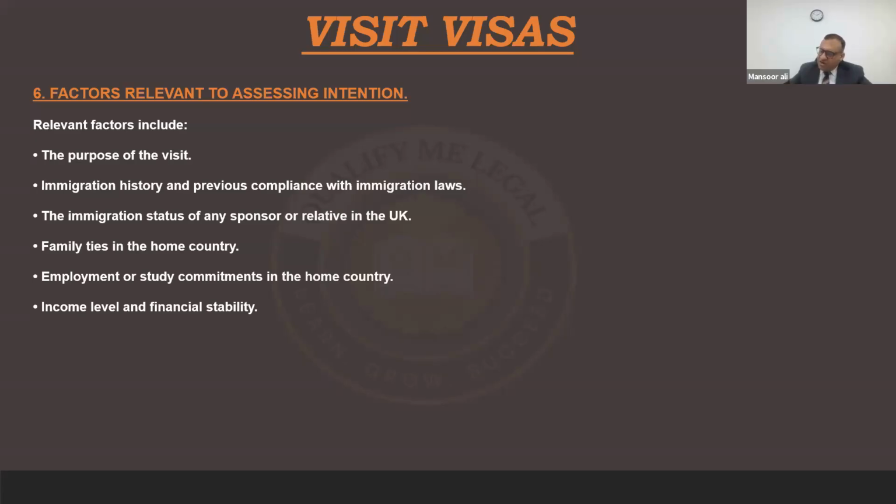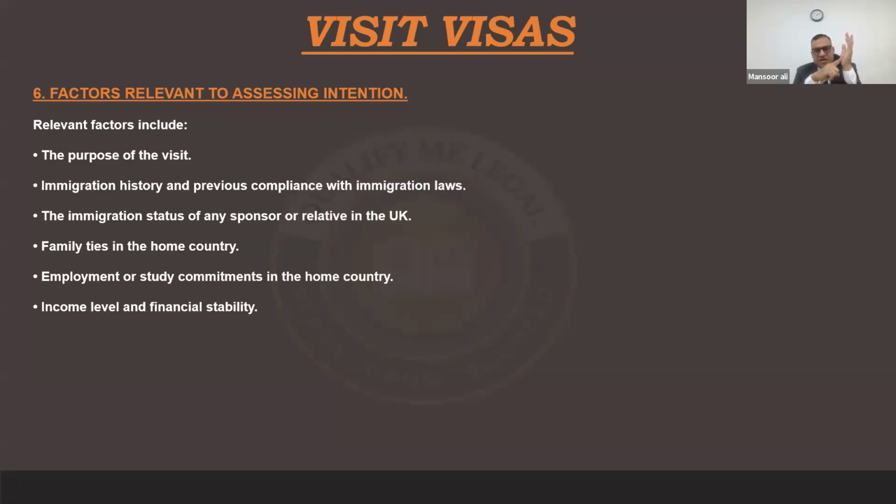Now coming to the ties. How will you explain the ties to the Home Office? As far as the ties are concerned, if you are visiting alone, you can straight away provide your marriage certificate, your property documents, and the birth certificates of your children. These are documents which are sufficient in order to establish your ties to your home country.